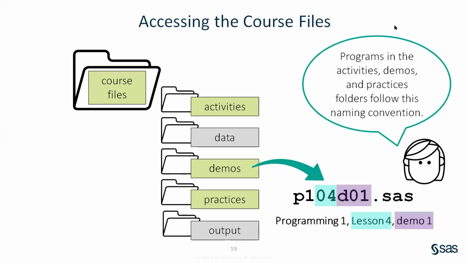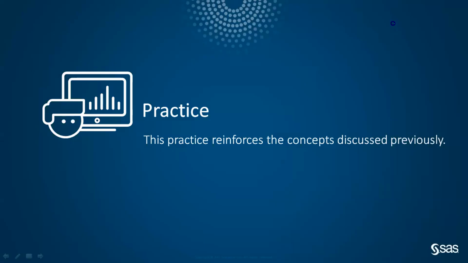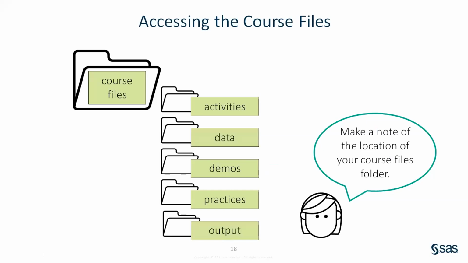Well, let's understand this course files access and its process. Within our course, we have the course data segregated into various folders: activities, data, demonstrations or demos, practices, and output. Activities is the folder where you have all the activities to be conducted during the training, and all the related code is saved there.